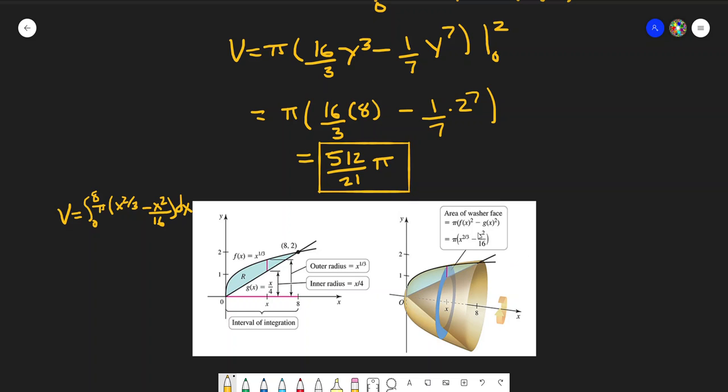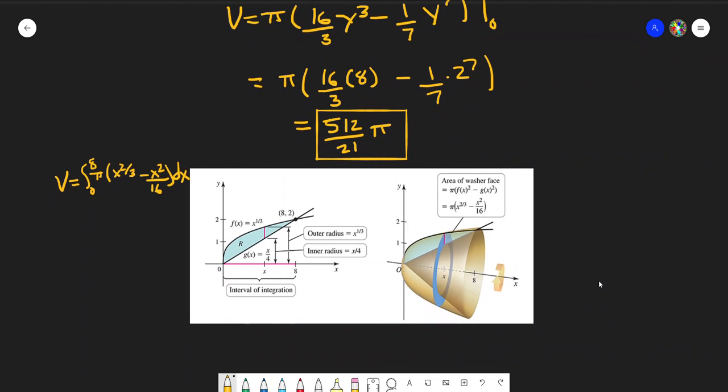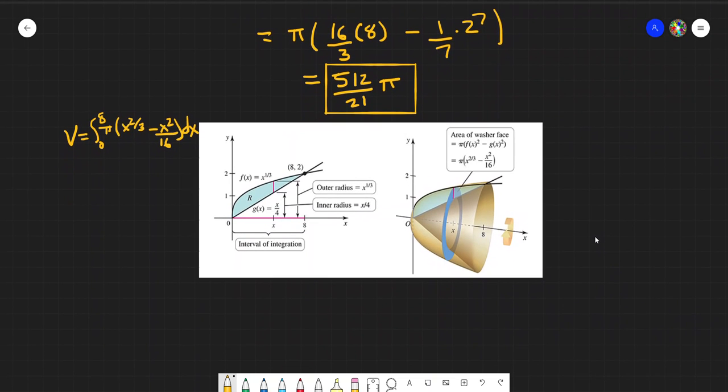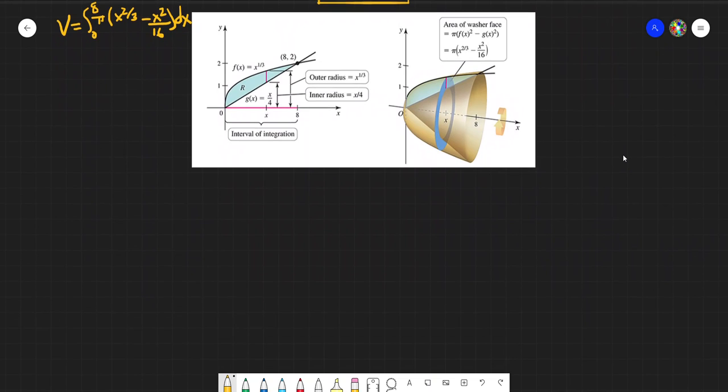Keep in mind that's just the area of that washer, the kth washer for the subinterval from x sub k minus 1 to x sub k. When I first introduced the disk method, I said area, which is technically correct, but it's also with respect to a disk, and you still end up with volume. It's whatever perspective you want to take.